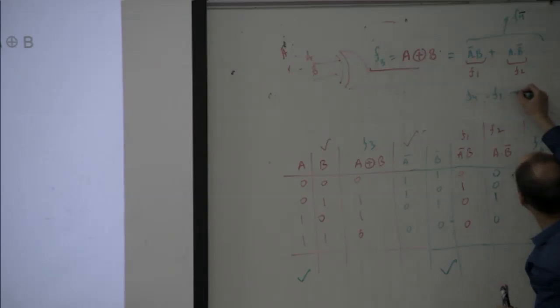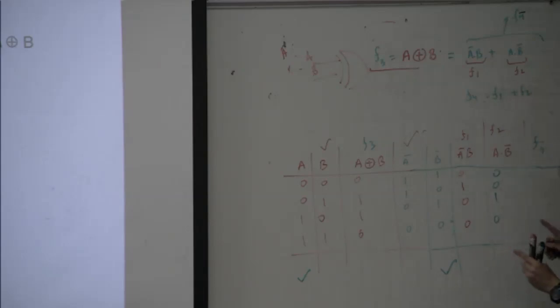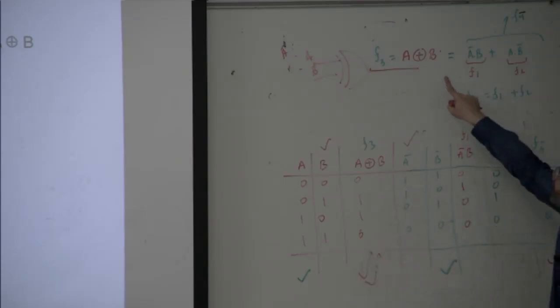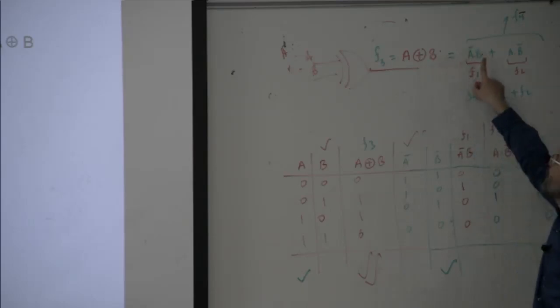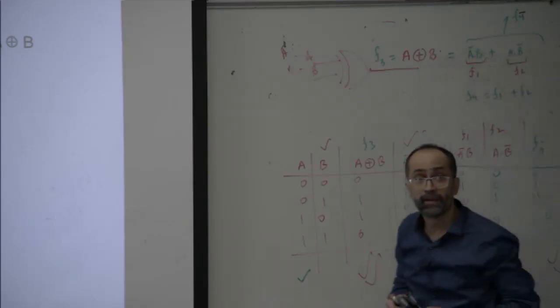F4 is equal to F1 plus F2. So now there are two functions. Are these expressions the same or different? This one and this one are the same. So you can say A exclusive OR B is equal to A bar B plus A B bar.